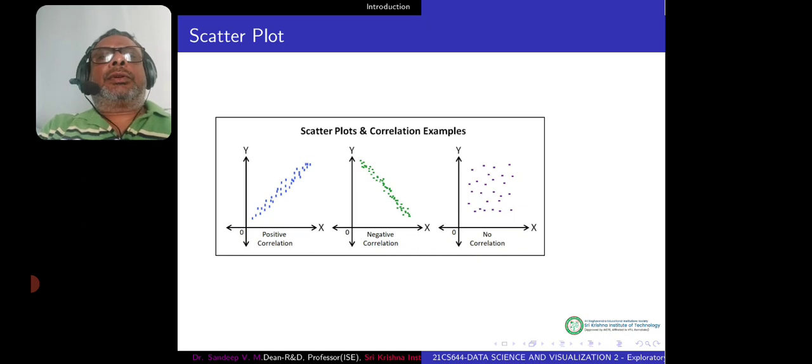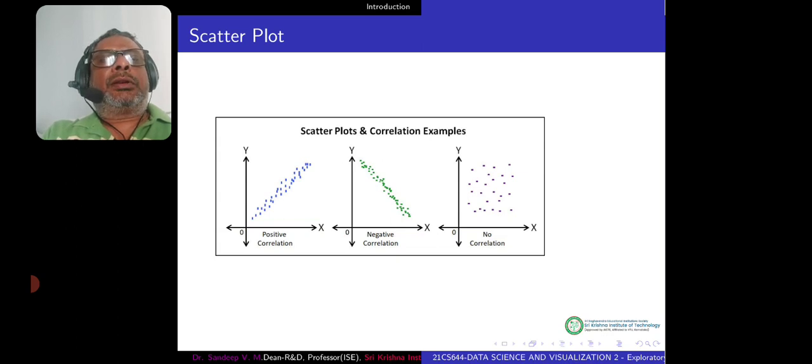And then the next one is the scatter plot. It is trying to say how one parameter is related with another parameter. If you look at the first one, shown with the blue dots, as the x value is increasing, the y value is also increasing. So we can say that there is positive correlation between x and y.